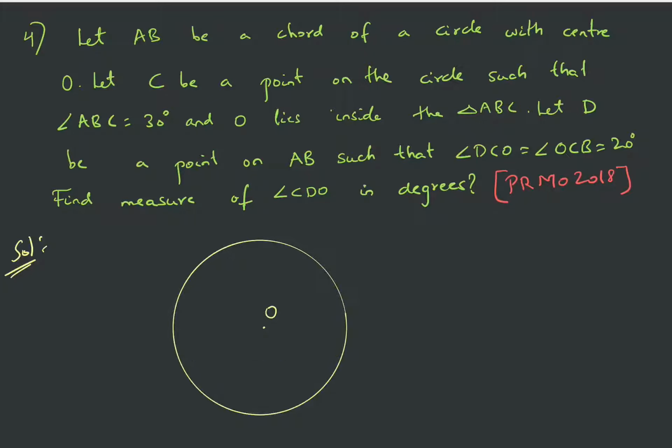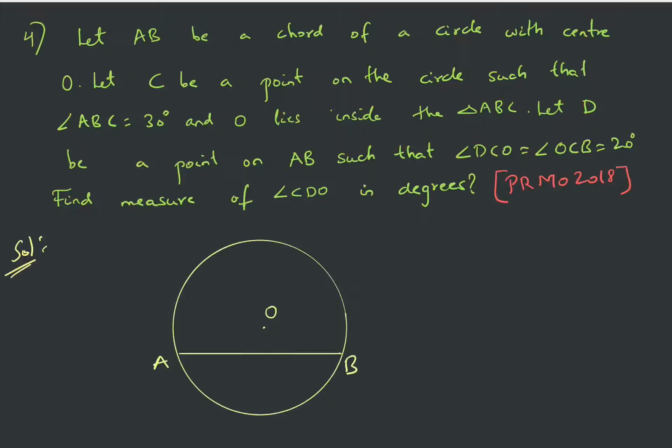Fine. So this is the chord AB of the circle. And C is a point on the circle such that angle ABC is 30 degrees and O lies inside the triangle ABC.